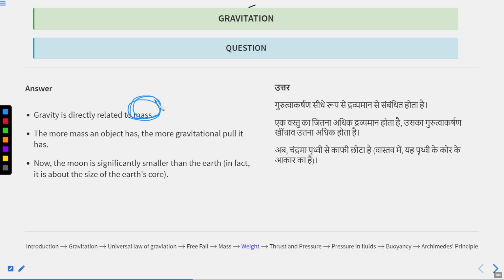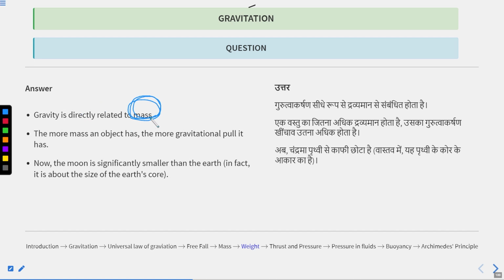And the moon is a smaller celestial object, so its mass is very much less than the mass of the earth, and gravitational acceleration directly depends on mass. That's why the weight on the moon divided by the weight on the surface of the earth is equal to 1/6.